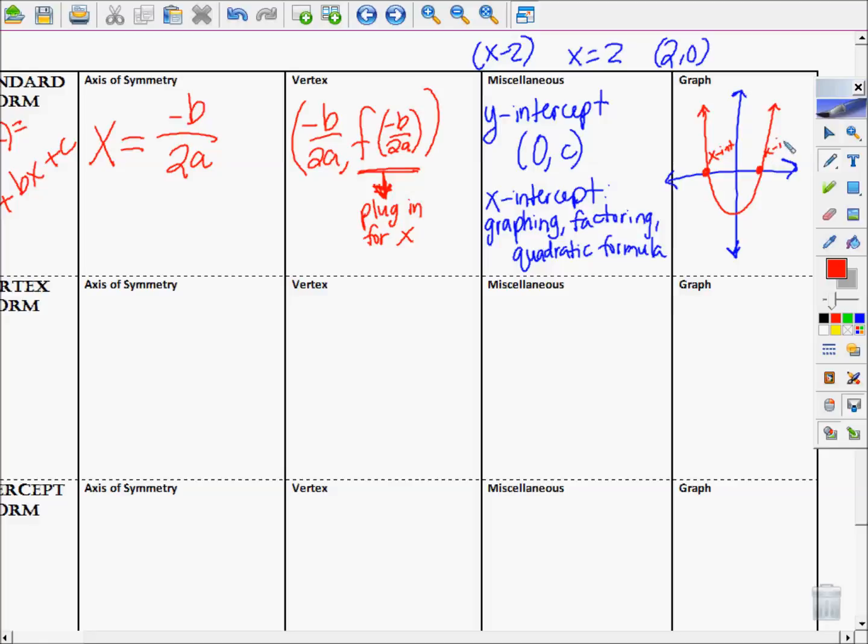You should be able to identify your vertex. And you should be able to identify your axis of symmetry. You should always be able to identify all of those aspects.